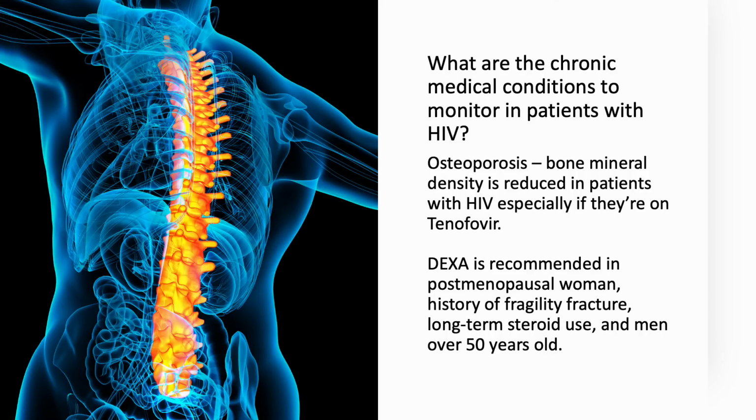Bone mineral density is reduced in patients with HIV, especially if the patients are taking tenofovir. DEXA is recommended in postmenopausal women, those with a history of fragility fracture, long-term use of steroids, and men over 50 years old.